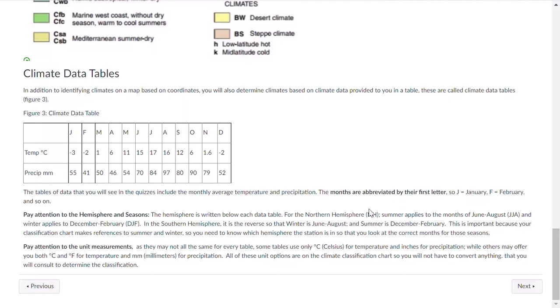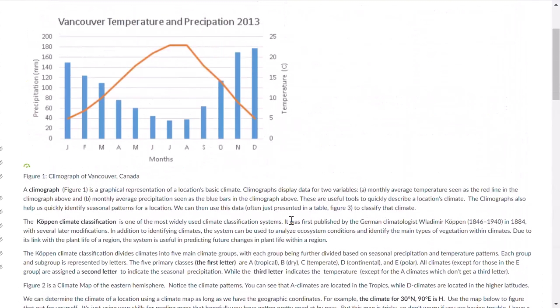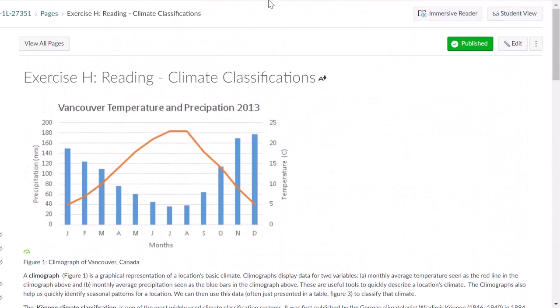So it's important to pay attention to that, as well as always when we're looking at graphs, pay attention to the units, as this may change, whether it is Celsius, or whether precipitation is being measured in inches or millimeters. Just keep an eye out for that when you're going through the graphs. And so this is more or less the first part.